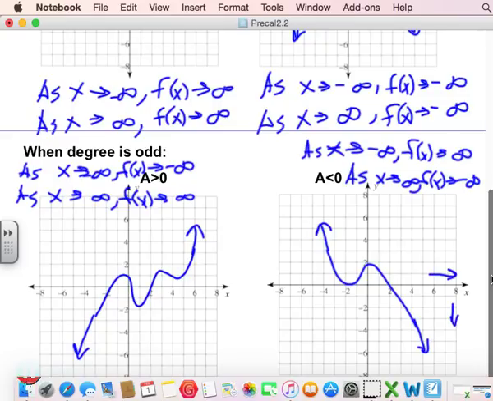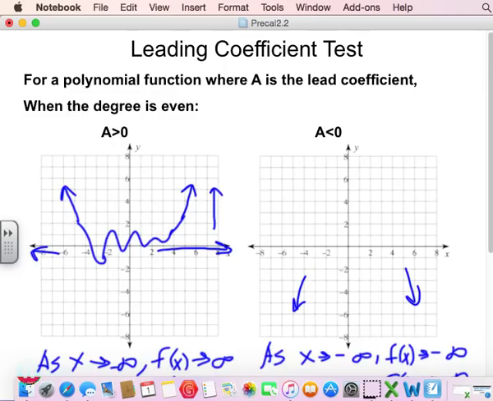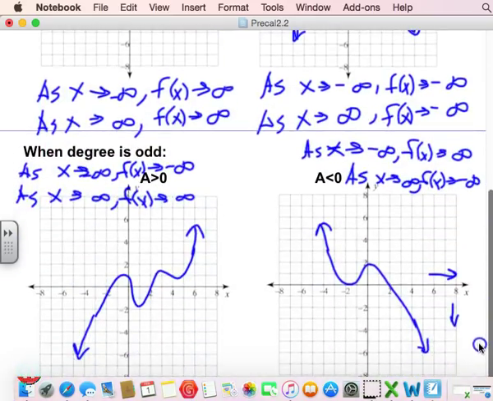Okay, so we can use this knowledge of end behaviors to determine the lead coefficients of functions. So looking at this function right here, we want to use the lead coefficient test to describe the right hand and left hand behavior of the graph. So what we want to look for first is the degree. We see our degree is odd. Well, when the degree is odd, we know that the end behaviors are going to be different. Right?